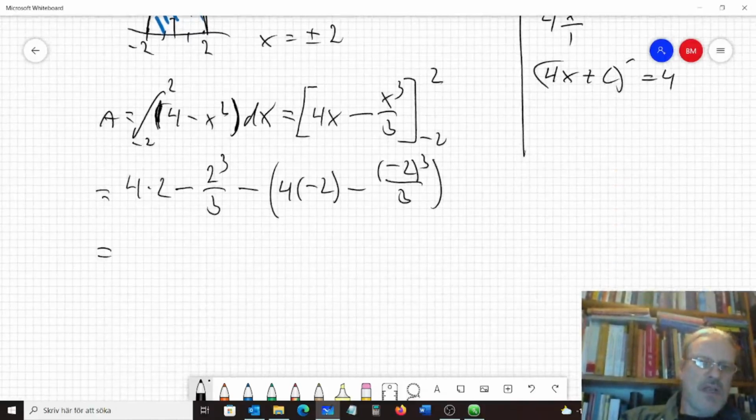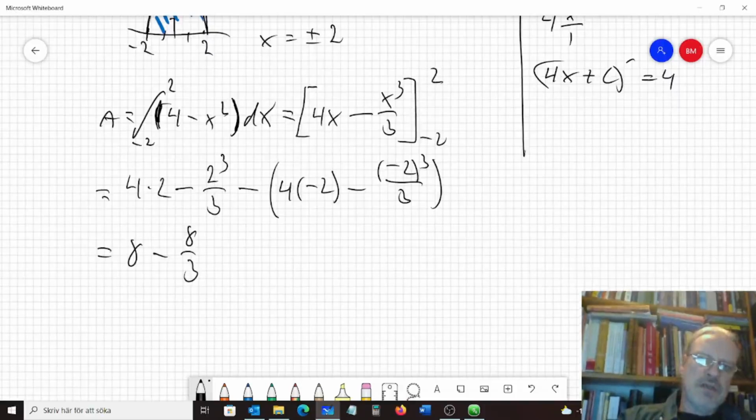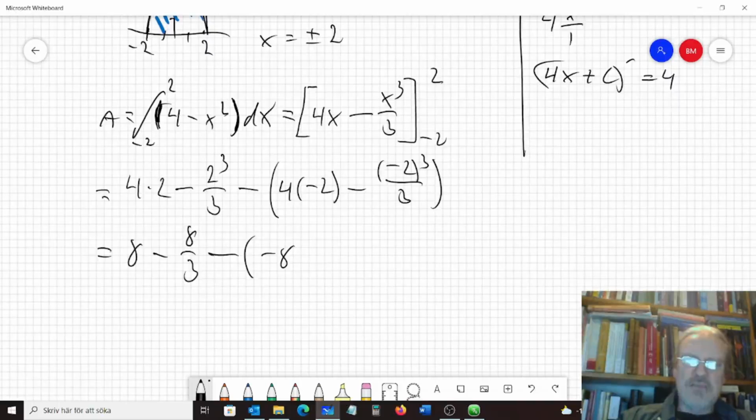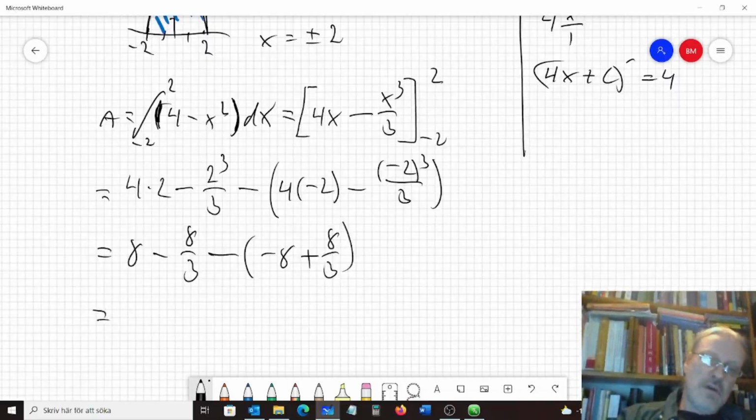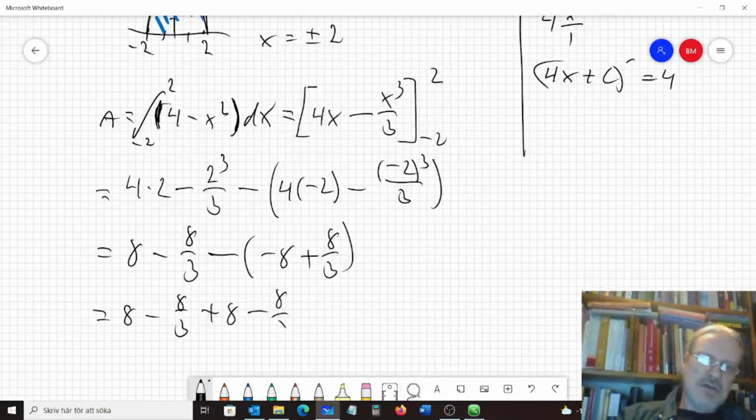Okay, we continue here. 4 times 2 is of course 8, minus 8 thirds, minus bracket, minus 8 and minus 2 to the power 3 is minus 8, and minus of that will be 8, so this will be plus 8 thirds. Or 8 minus 8 thirds minus minus, that is plus 8, minus plus, that is minus 8 thirds, or 16 minus 16 thirds.